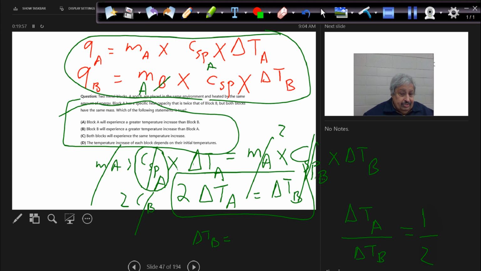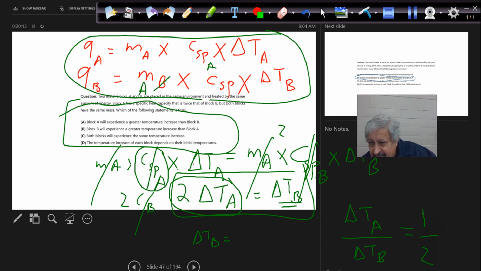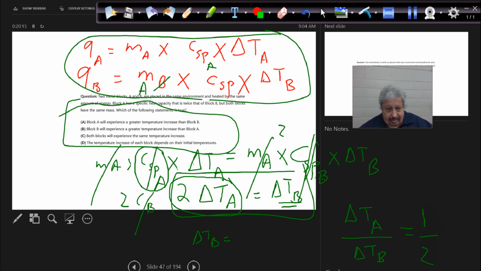It will be twice. Let's see. The answer is not A. Is it A or B? B. Well, B will experience a greater temperature increase than block A.